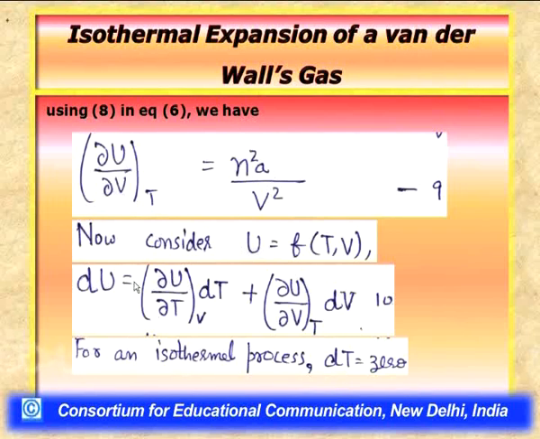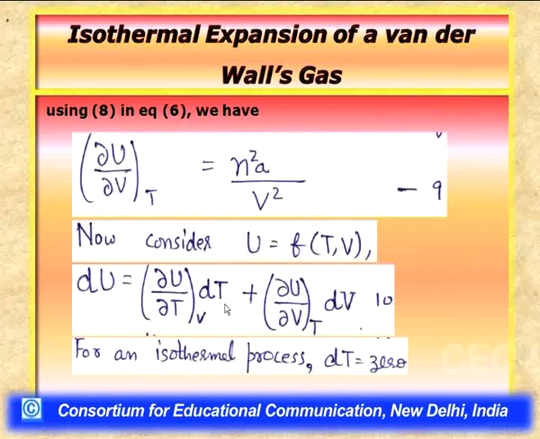Now, it is well known that internal energy is a function of temperature and volume. We have already discussed it a number of times when we discussed the first law of thermodynamics. Therefore, if we want to determine the change in internal energy, we can write dU equal to delta U by delta T at constant V dT plus delta U by delta V at constant T dV.